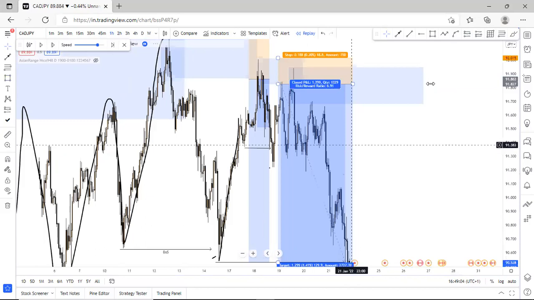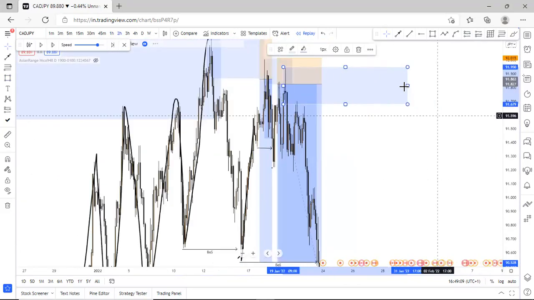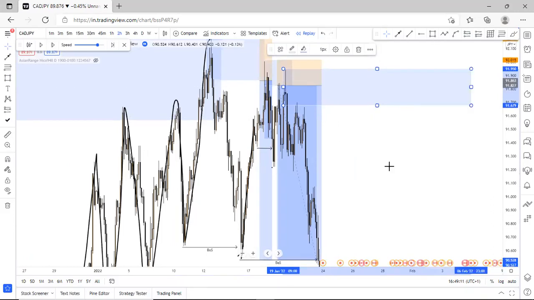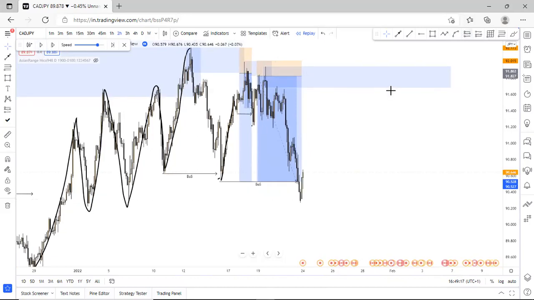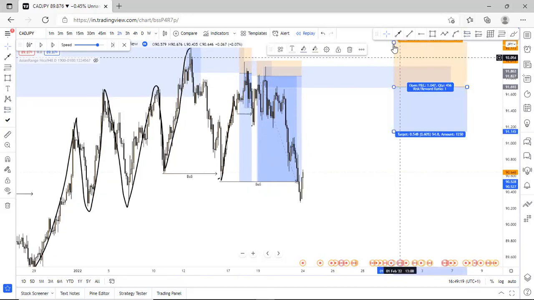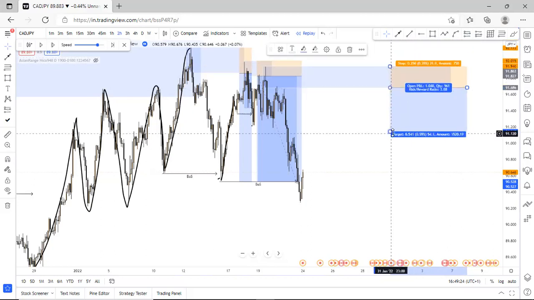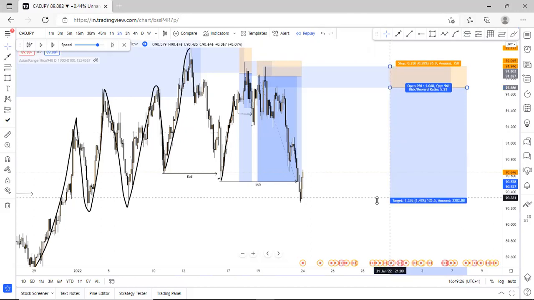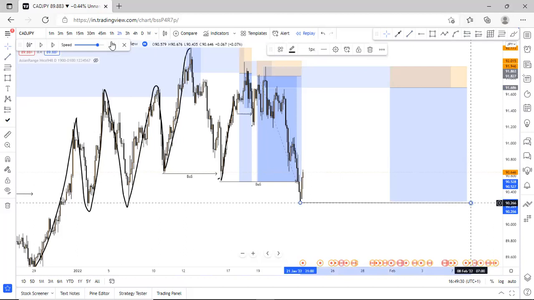But let's take the whole 2 hours time frame as our POI, as our supply zone. So we're expecting price to come back to mitigate this supply zone, and we have our take profit at that low. So let's play.